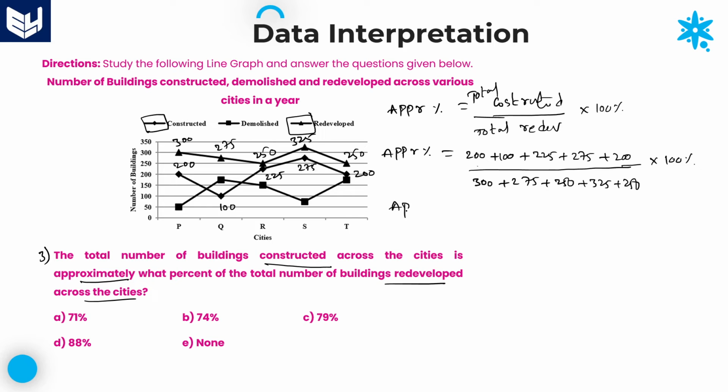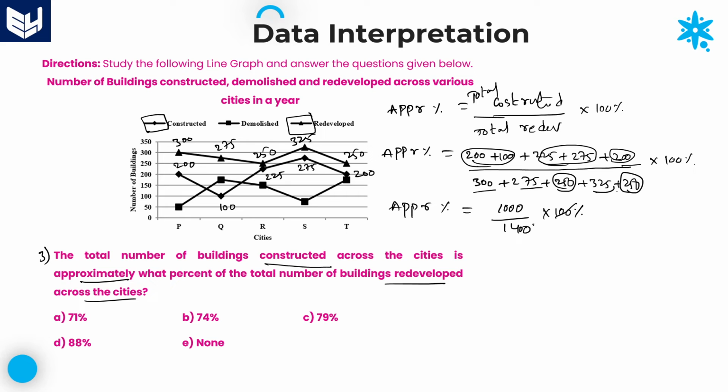Now you need to calculate the required approximate percentage, which is equal to adding the numerator values. Here it is 300 plus 200, 500, 500 plus 500, 1000. Numerator value 1000. Denominator value: here it is 300, 300, 300, right? 325 plus 275 is 600, right? 900 as of now. 900 plus 500 is 1400, into 100 is common.